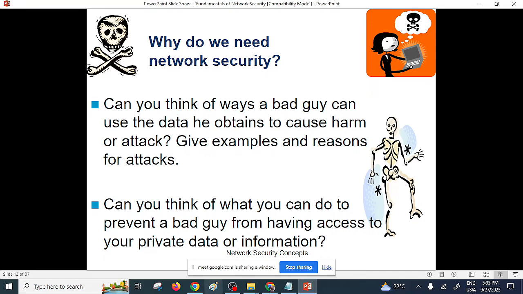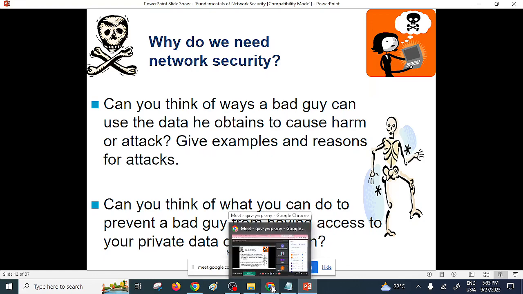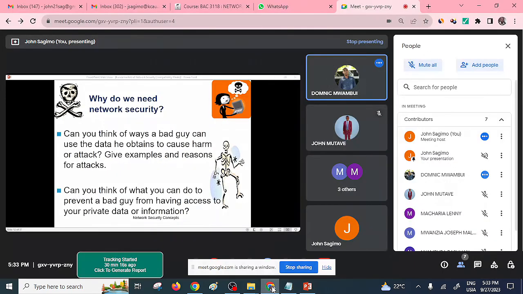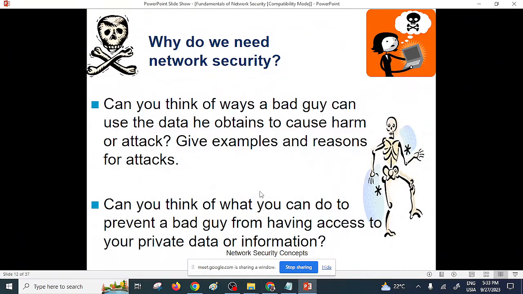Well, they might be obtaining personal information for theft or even identity theft. Good, very good. Ideally, one of the repercussions is to steal sensitive information for identity theft, and you know what that one might lead to. Good.